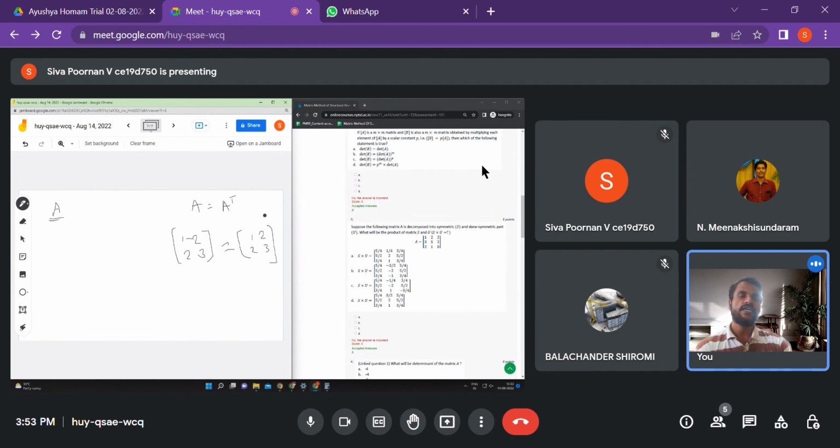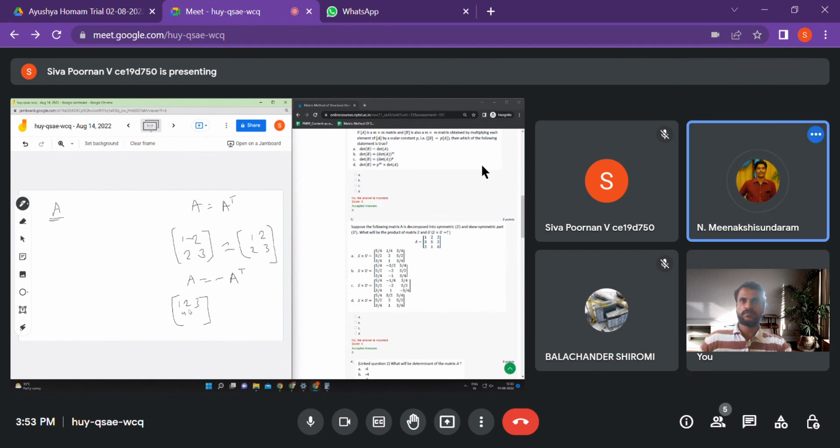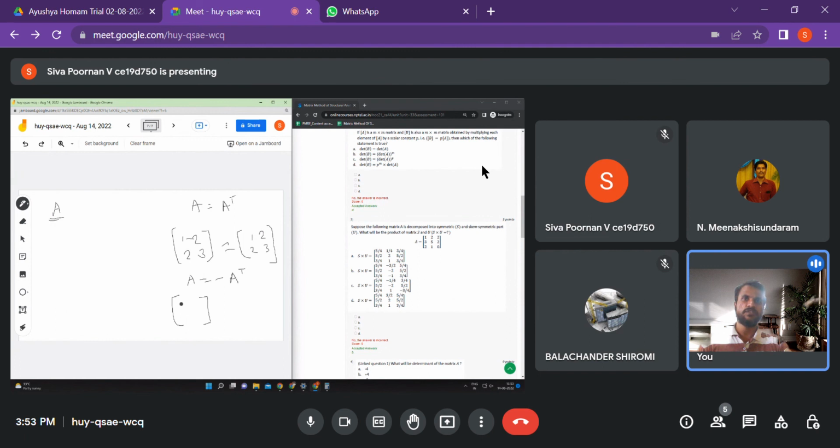And a skew symmetric matrix basically means that, let's say I take some matrix, 3 by 3. Okay, 3 by 3 is difficult for me to write, I'll just give an example of 2 by 2.